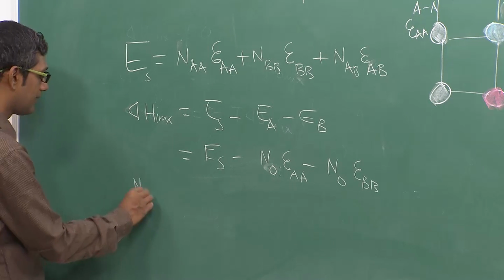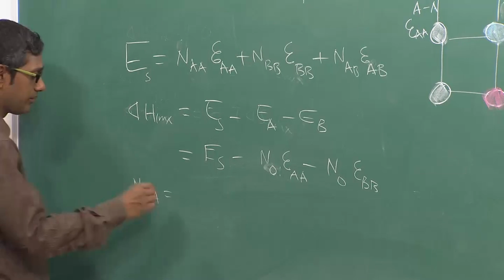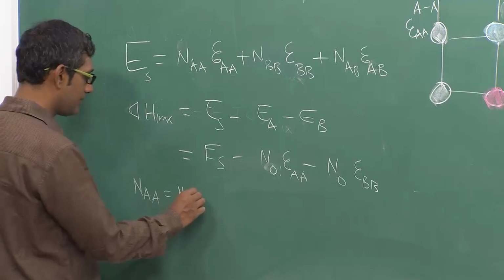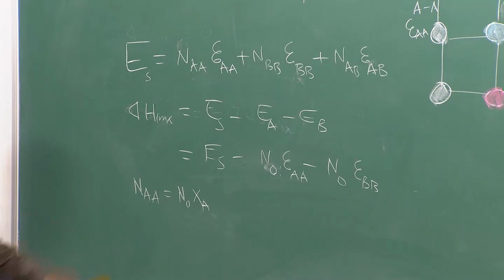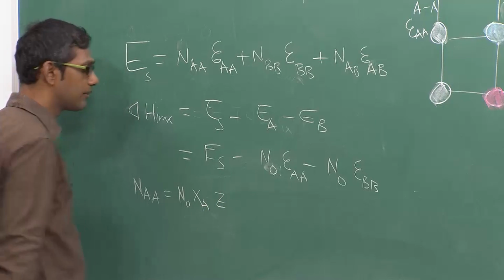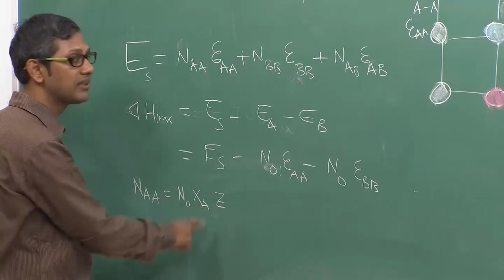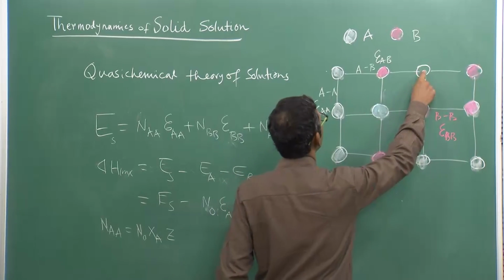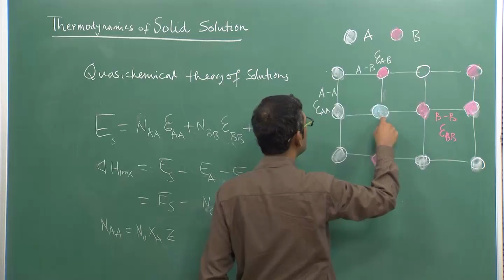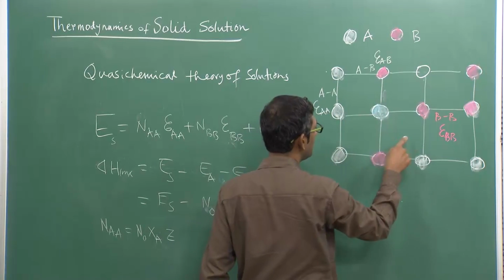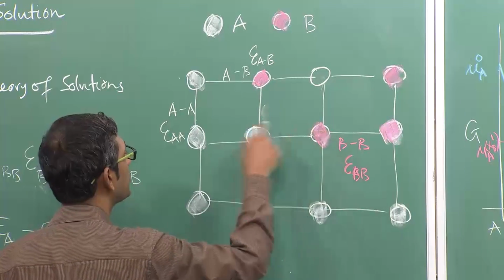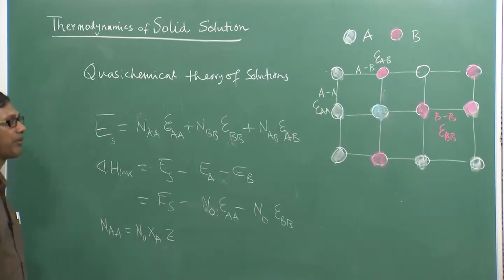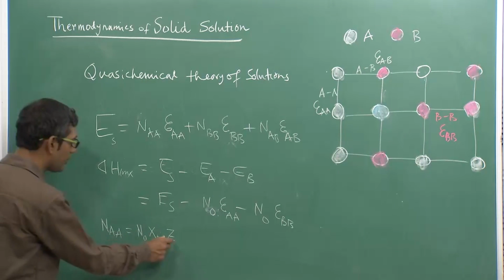So suppose for NAA, if I have 1 mole of solution, then I have total number of atoms Avogadro number N0, multiplied by the mole fraction of A, multiplied by the coordination number of A. Obviously, a coordination number means, suppose I have an A atom, it is surrounded by 1 A atom, another A atom, and then B atoms. So these nearest neighbors are 2 A and 3 B. In 2 dimensions it has a Z value of 5, but in 3D it will be more. That is why in general we put Z.